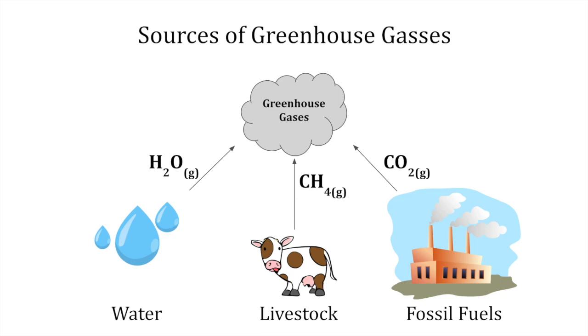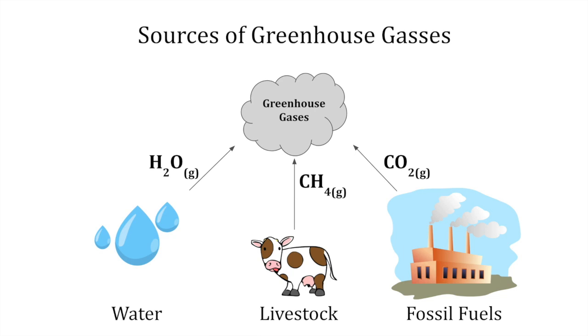Now, it may be surprising to hear that H2O is actually the most abundant greenhouse gas. And it may be surprising because it's usually not included in graphs and figures that deal with global warming. Now, the reason for that is when we talk about global warming, we're talking about the human-caused aspect of it, right? It's a problem because we have contributed to it, and now it's getting out of hand.